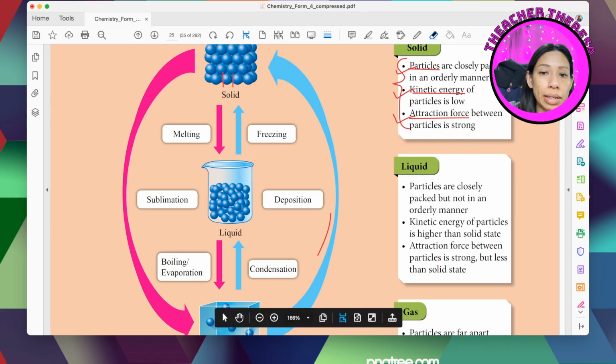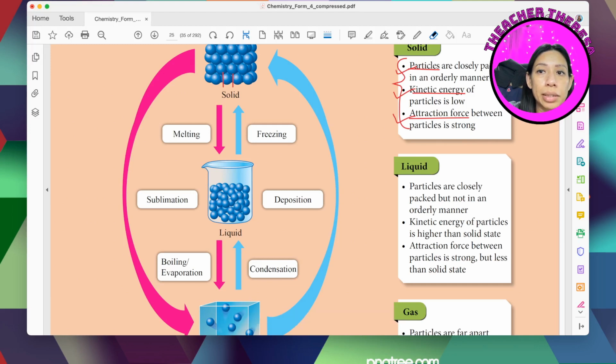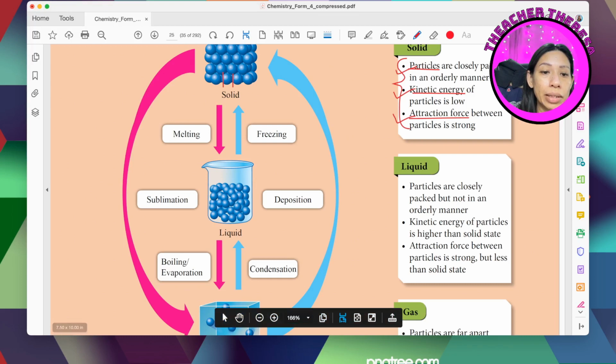As you look at it, the concept is the opposite, meaning that from being close together to being far apart, okay, close together to far apart, you need energy. The particles need energy. When it convert the other way around, that means from being further away to becoming close together, it will release the energy.